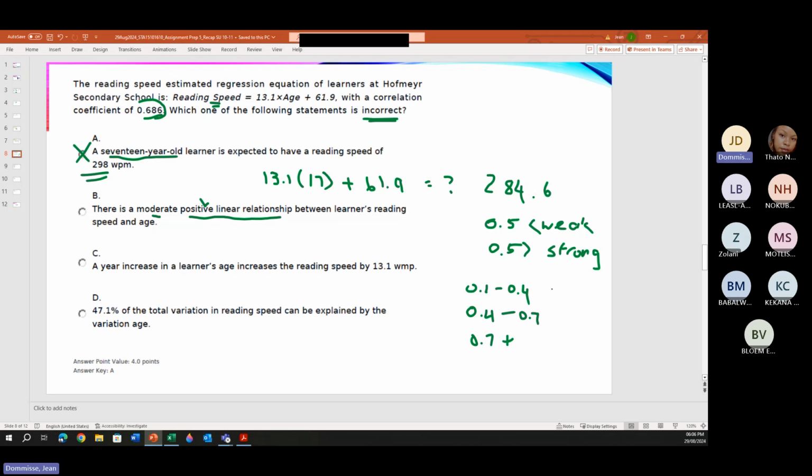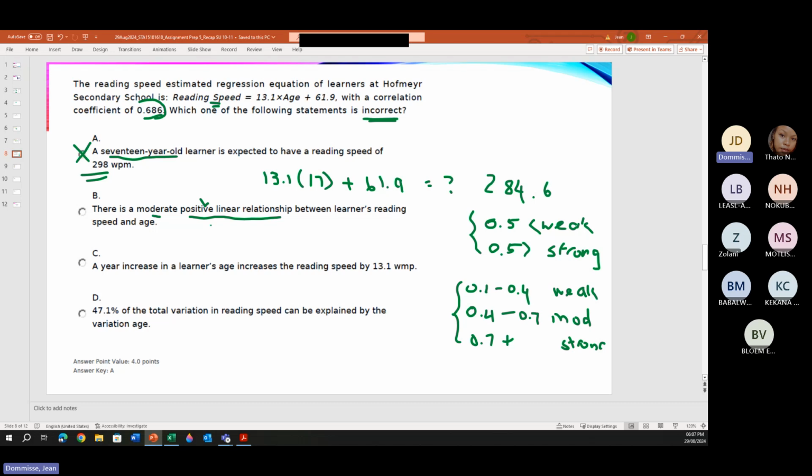That would be weak, moderate, and strong. So again, different textbooks and different YouTube sources have different ways of saying to what extent the positive linear relationship is. But more important is to focus on the positive linear and not to say negative.